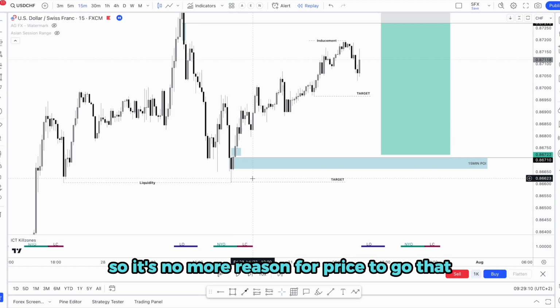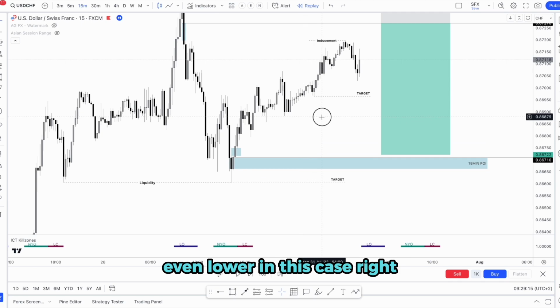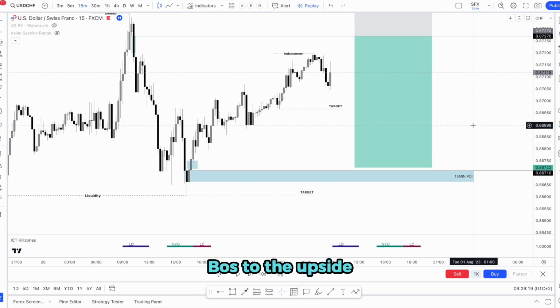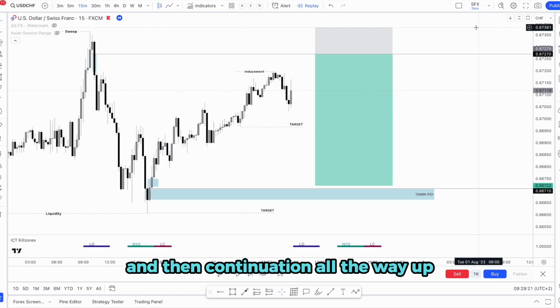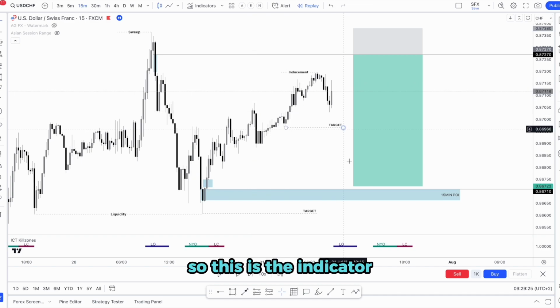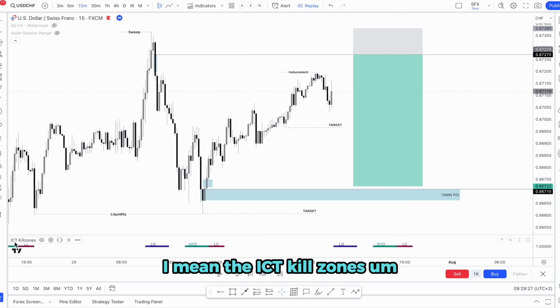So there's no more reason for price to go even lower in this case, right? So I want to see structure being created, BOS to the upside, came back down, and then continuation all the way up.